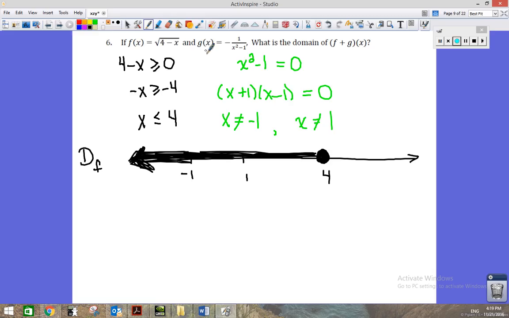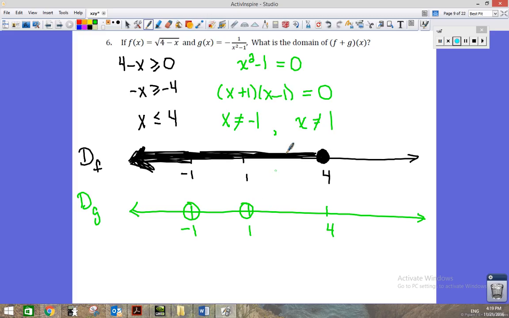Now let's draw a picture for the domain of g. It was the set of all real numbers, excluding negative 1 and positive 1. Negative 1 and positive 1 cause division by 0, so we want to throw those out of the domain. Here we have all of these other values.